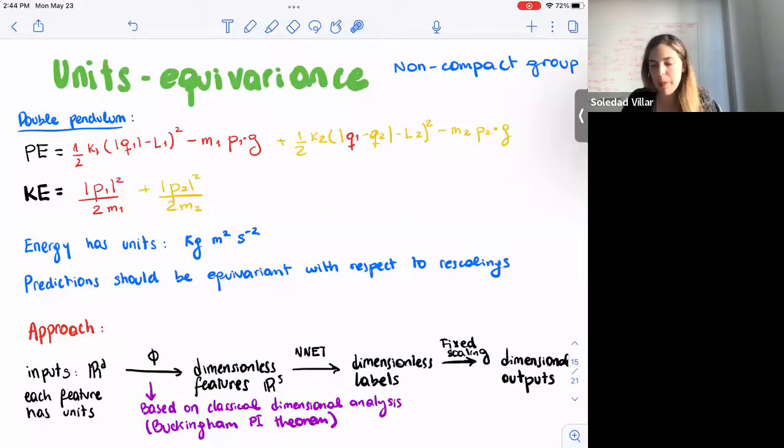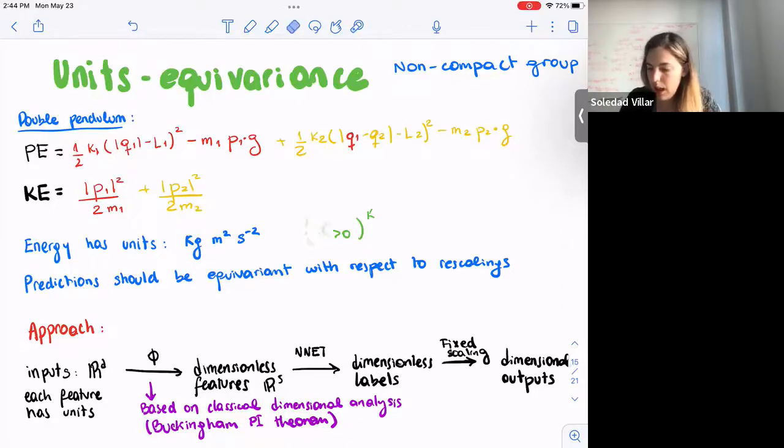So if I make a transformation to my masses, where every mass is multiplied by 5, or every mass, instead of being expressed in kilograms, is expressed in pounds or something, then the prediction should change accordingly to that transformation. So that's something that we can write as a group action. The group is going to be a non-compact group, something like R greater than 0 to the K, where K is the number of different units. So in this case, it would be 3.